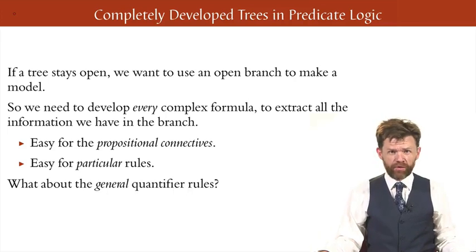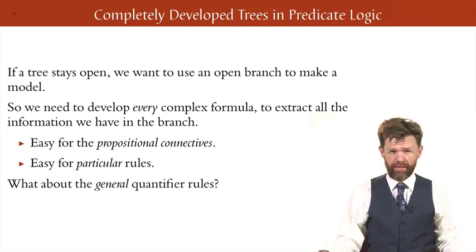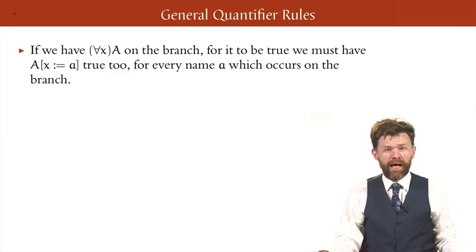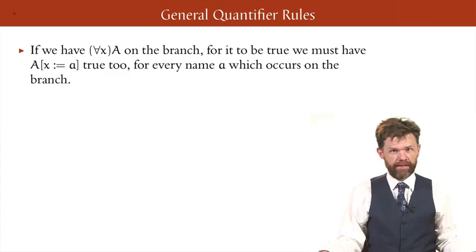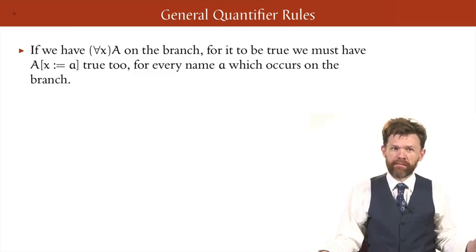But the general quantifier rules are a little bit more powerful, and we need to be a bit more careful with them. So, if we have something like everything has property A on the branch, for it to be true in the model that we're constructing, we need to make sure that every instance of that formula for the model is true in that branch.